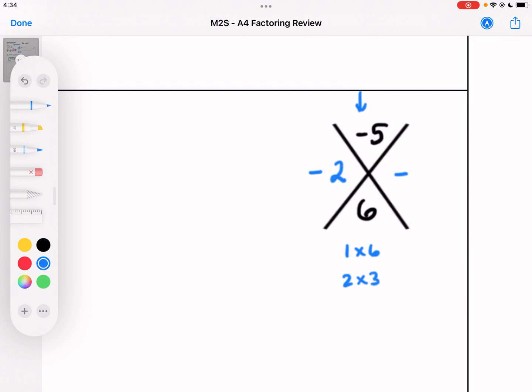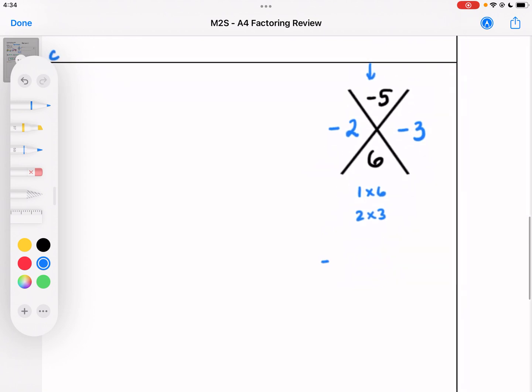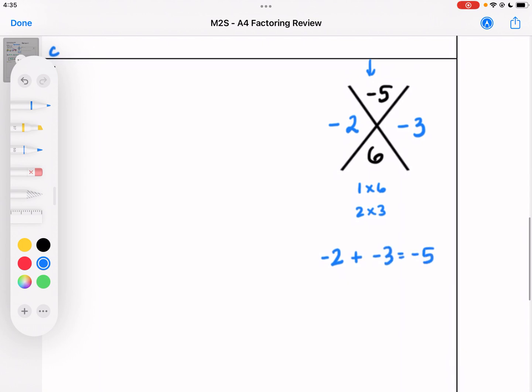So in this case, it's going to be -2 and -3. Okay, so just a reminder of the way you check that. Well, -2 plus -3 equals -5, like we had in the top. And -2 times -3 is the +6.